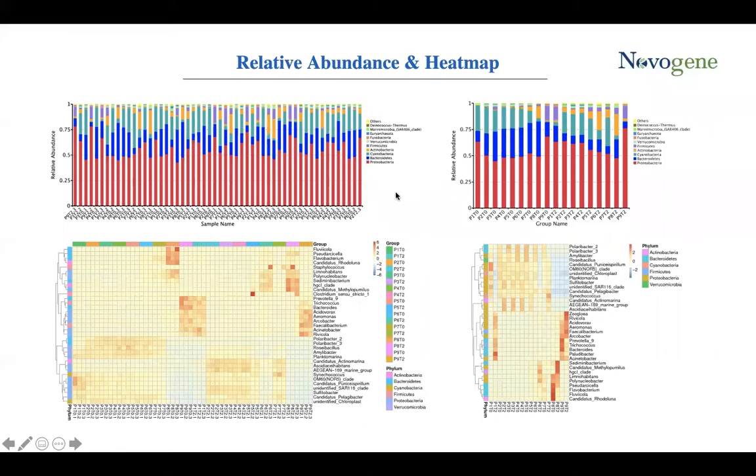And according to abundance information of the top 35 genera of all samples, the heat map can be drawn so as to check whether the samples with similar processing are clustered or not. And the similarity and difference of samples can also be observed.